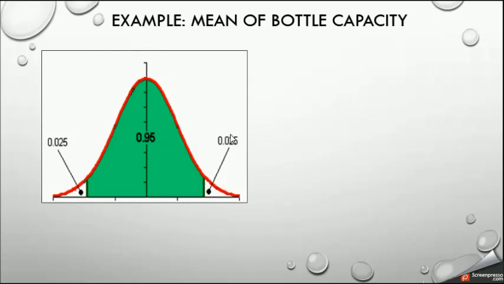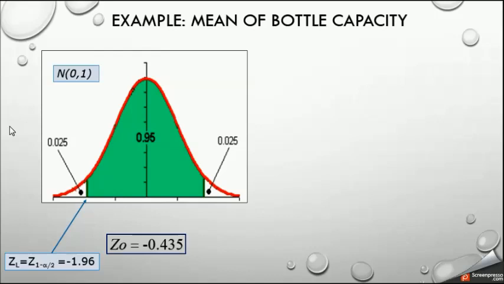On the right we have 2.5%, and also on the left we have 2.5%. Now we also have the test statistic Z0, minus 0.435. This is the standard normal distribution, with mean 0 and variance equal to 1.